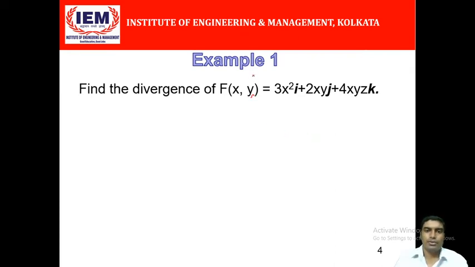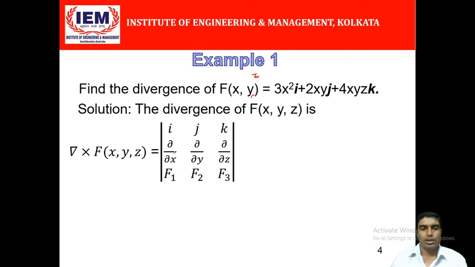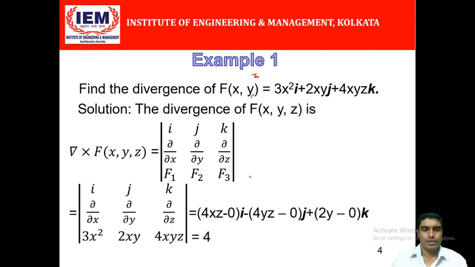I have z also, right, because it's a function of x, y, z. So I have to calculate this determinant, where f1 is 3x square, f2 is 2xy, and f3 is 4xyz.